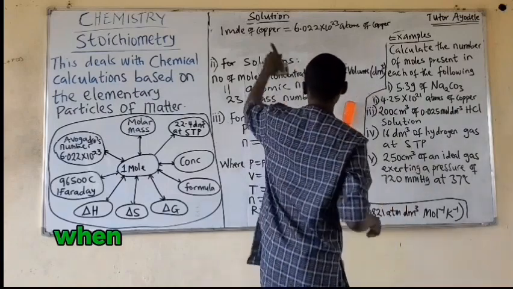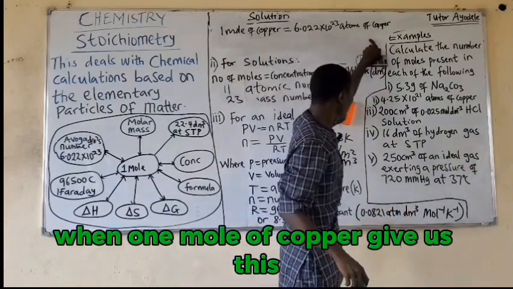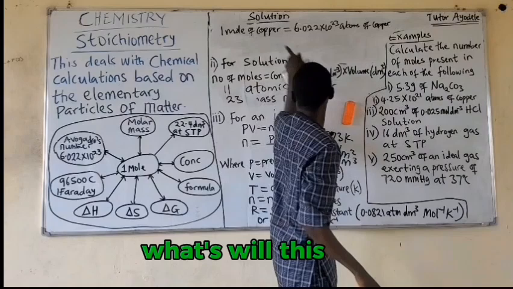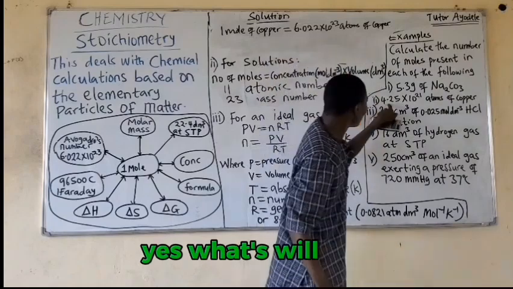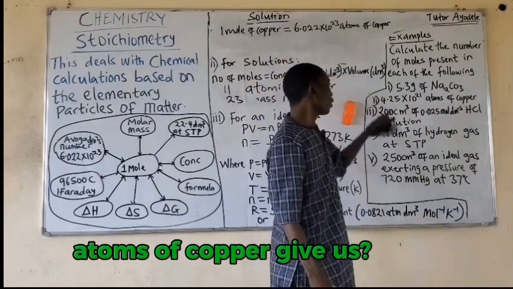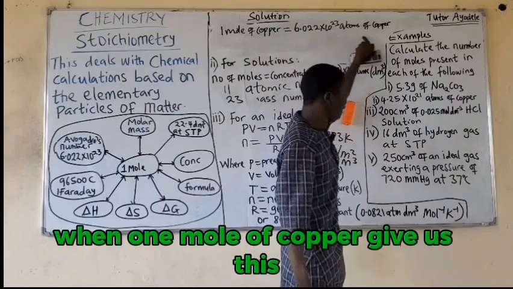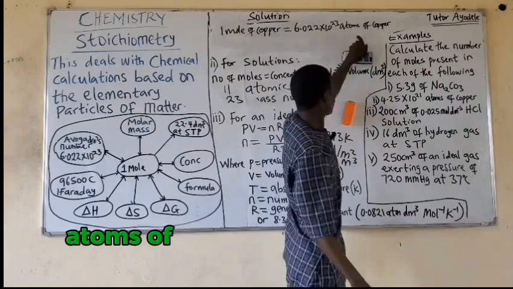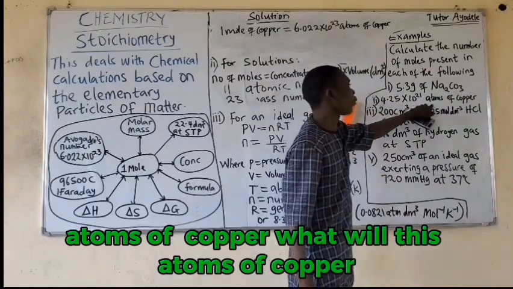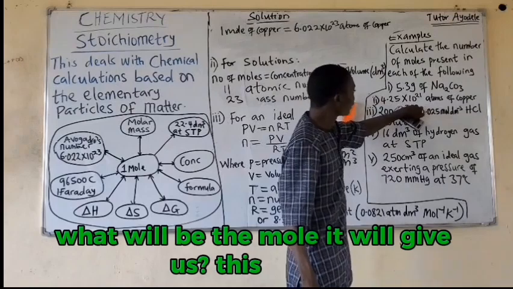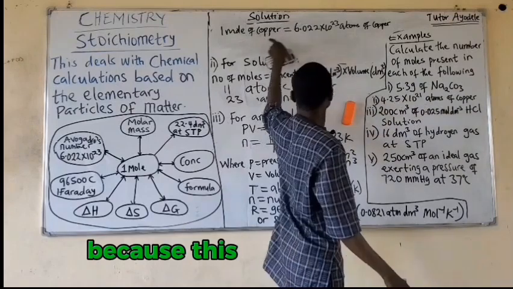Now, when 1 mole of copper gives us this, what will these atoms of copper give us? When 1 mole of copper gives us these atoms of copper, what will be the mole these atoms of copper will give us? Because this one is constant.